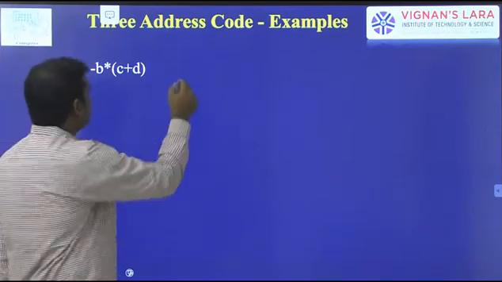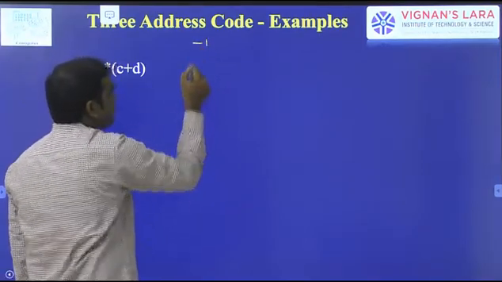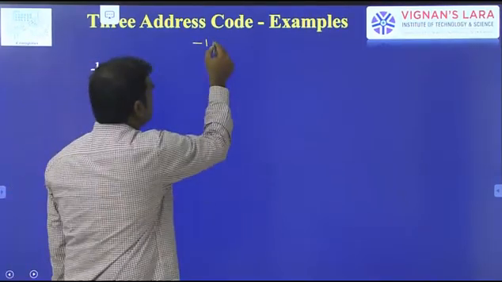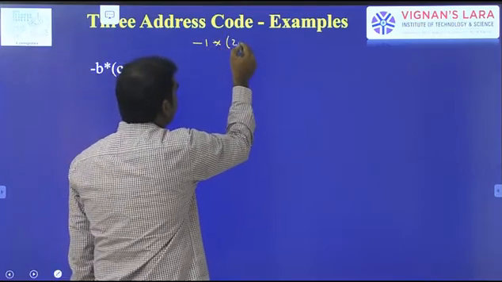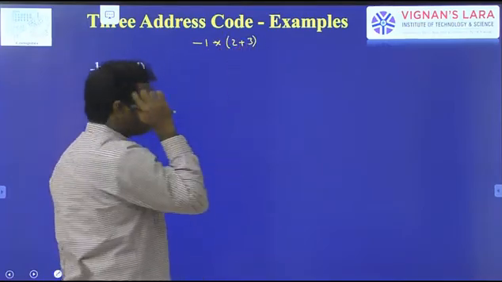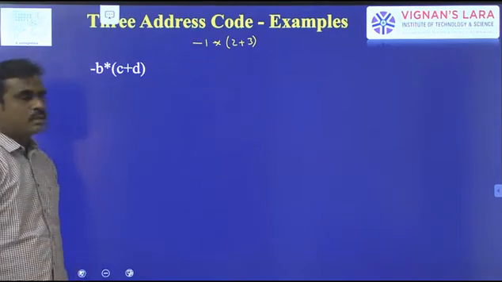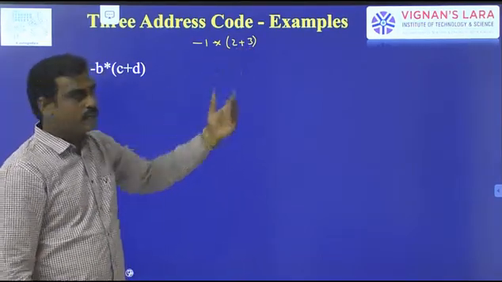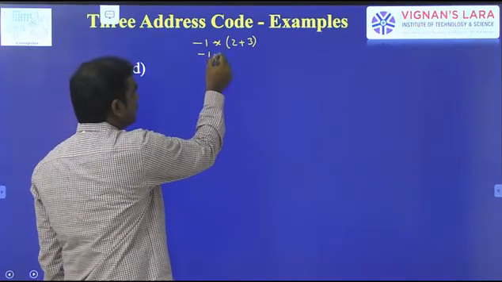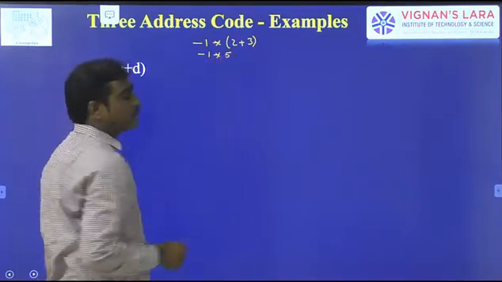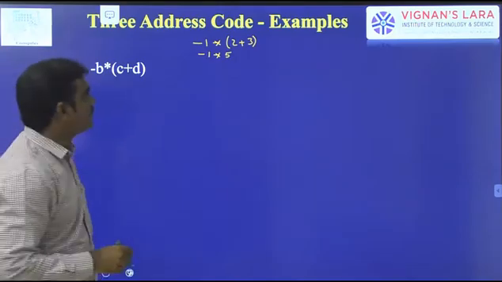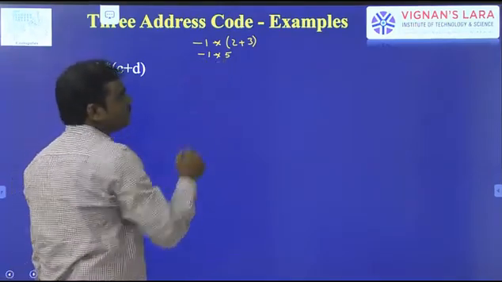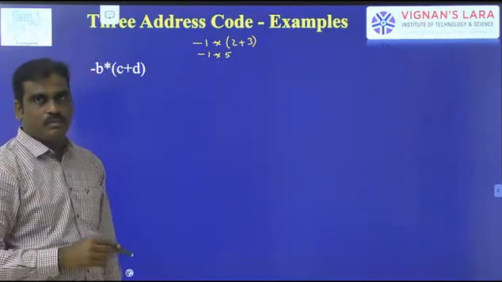Suppose the B value is 1, the C value is 2, and the D value is 3. What is the value? First we perform the parentheses value. So minus 1 multiplied with 3 into 2 plus 3, 5. So minus 1 into 5, minus 5.